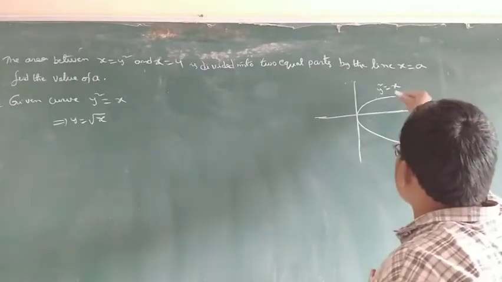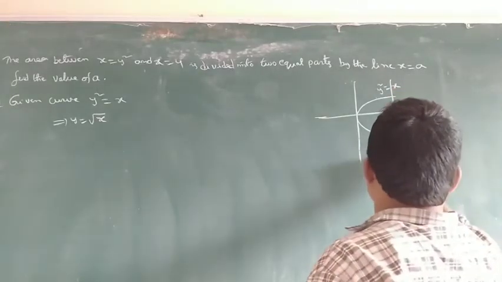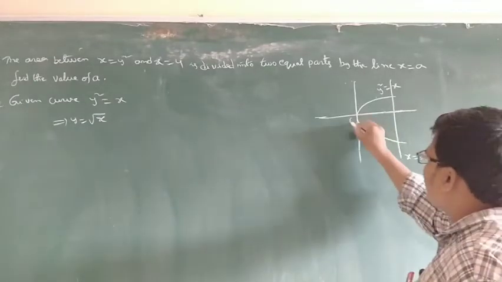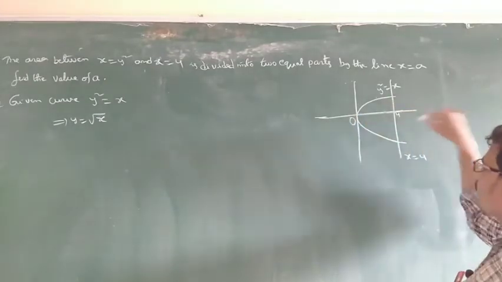Next, x is equal to 4. For example, this is x is equal to 4, starting from 0, 0 to 4.